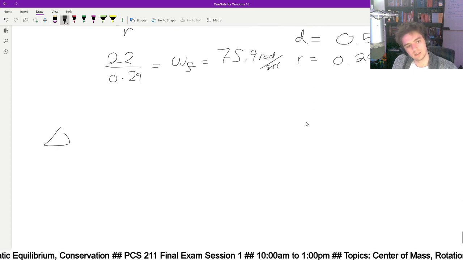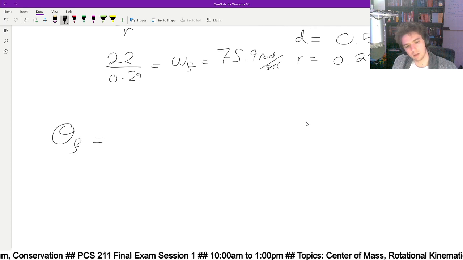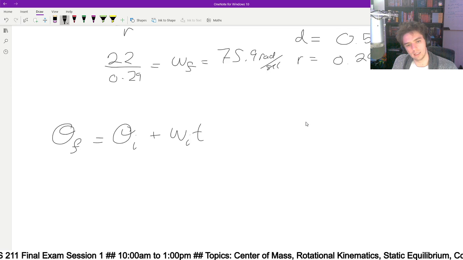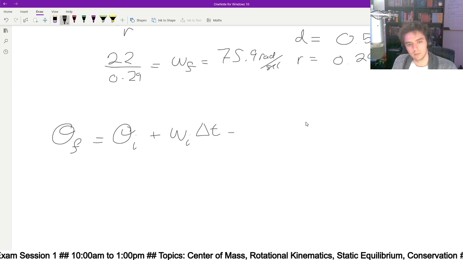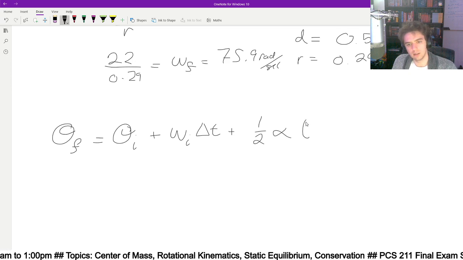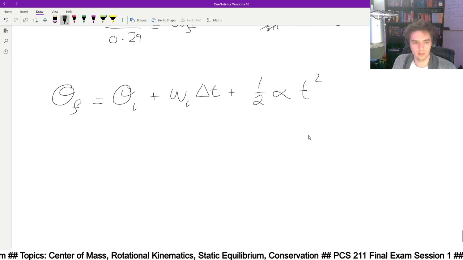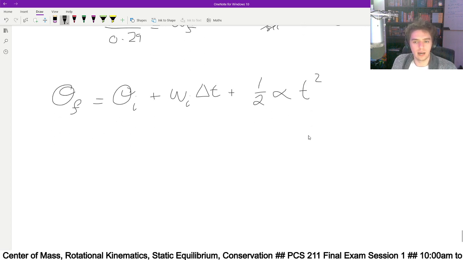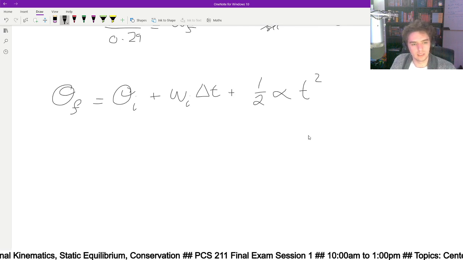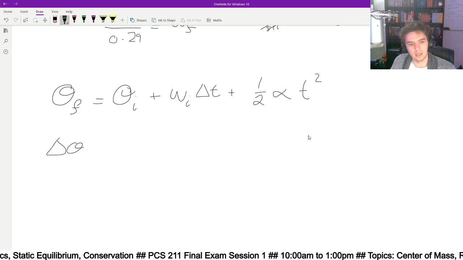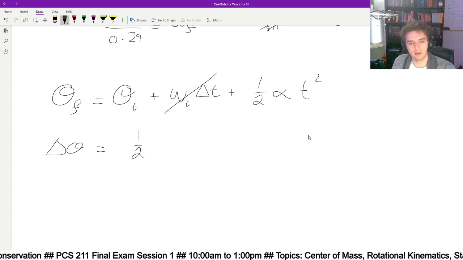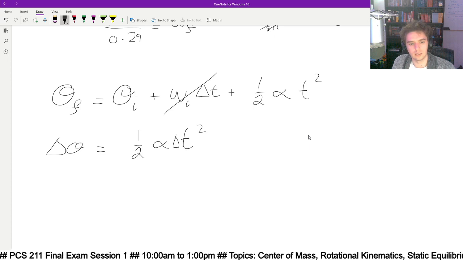So theta F equals theta I plus omega I delta T plus 1/2 alpha delta T squared. I'm looking for delta theta, so I can just move theta I over here. Delta theta equals, omega I is 0, right? So it's just 1/2 alpha delta T squared.